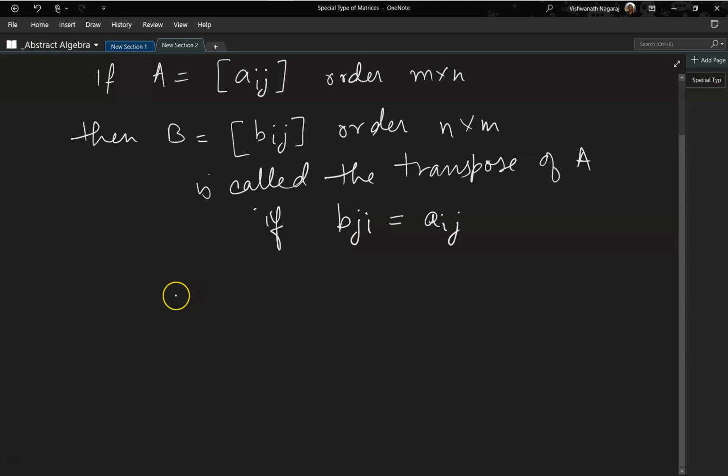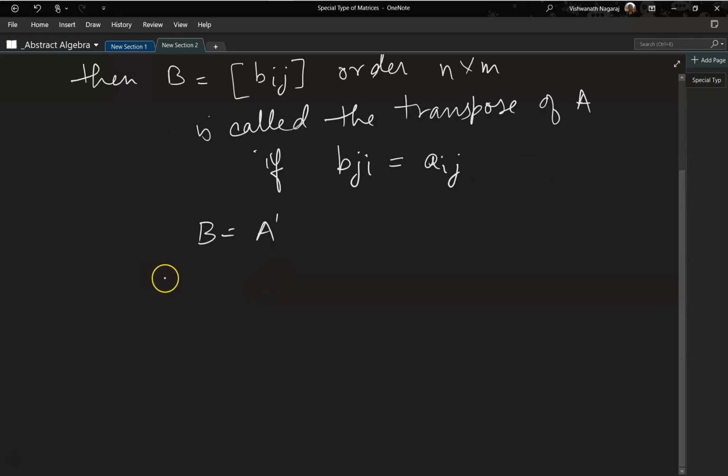And the way we represent this is we say B is the transpose of A. Okay, very quick example. Let's say we have 3, 4, 5, 6, 7, 8.